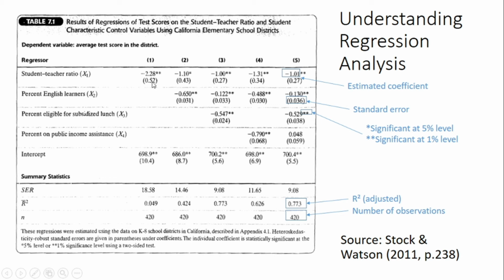So you see that our original estimate of minus 2.28, when controlling for other variables, like the income variables here, goes down substantially to only minus 1. So perhaps, given this information, the governor would not like to try to reduce the class size. But with the other information, maybe the governor would. So we can already see that the quality of the econometrics really can affect the policy.